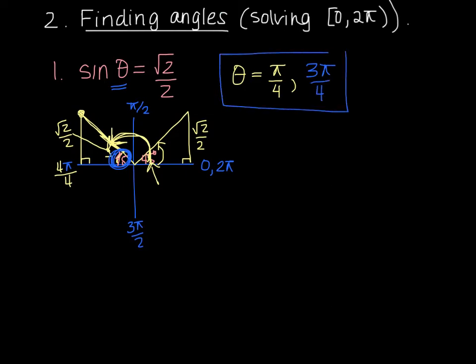So I have two triangles for which, if I did the sine of pi over 4, I would get square root of 2 over 2, and if I figured out the sine of 3 pi over 4, I would also get positive square root of 2 over 2. So when I'm solving backwards for that angle, I know I should be looking for those two angles that give me that positive sine ratio.